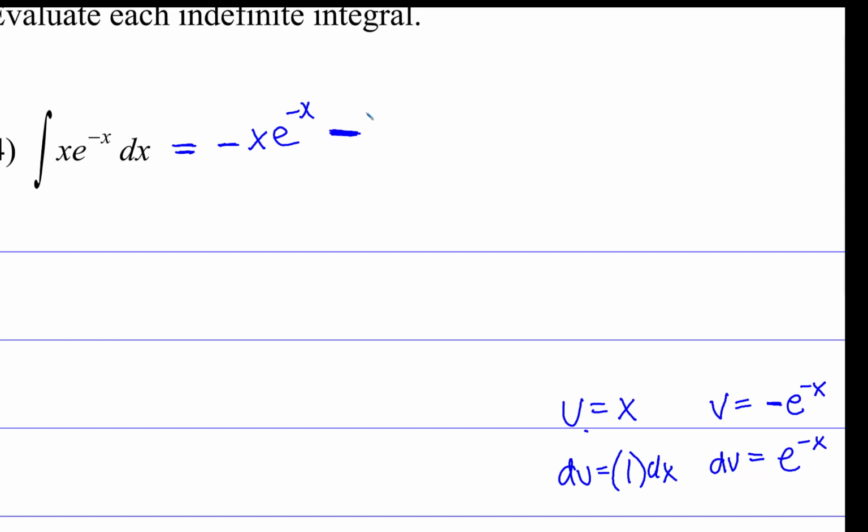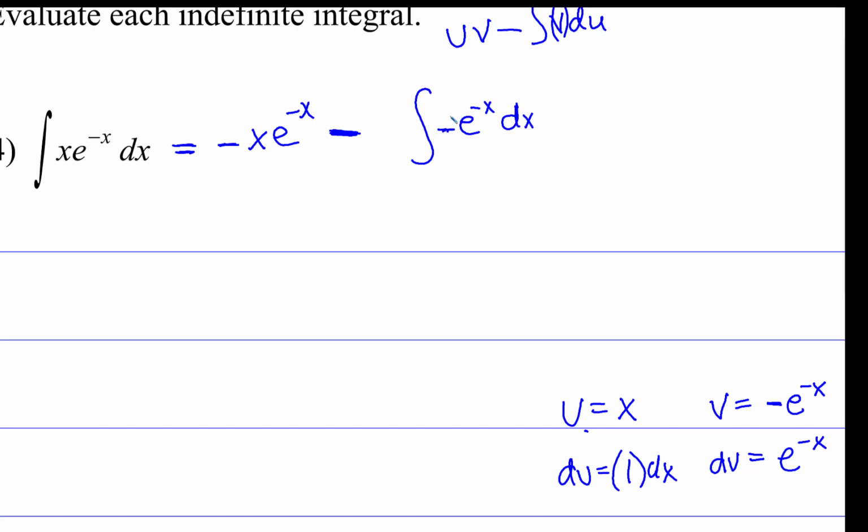And then remember, the formula is uv minus the integral of v du. So now we're going to subtract the integral of v du, and that's 1 dx, or just dx.